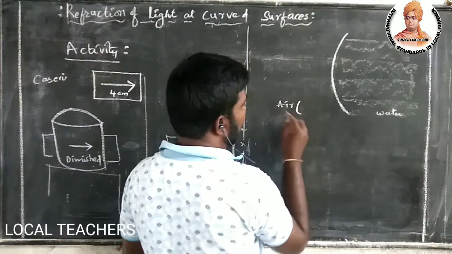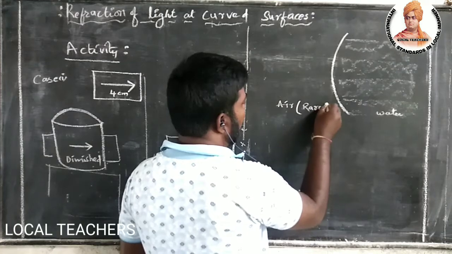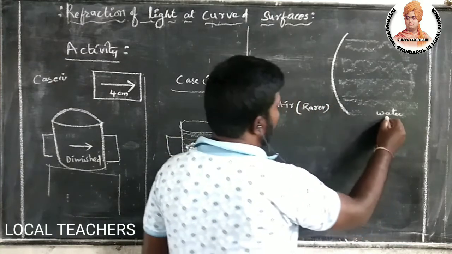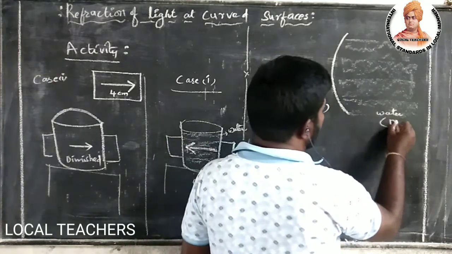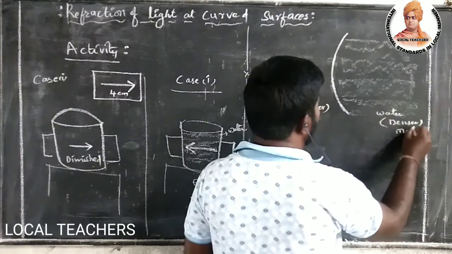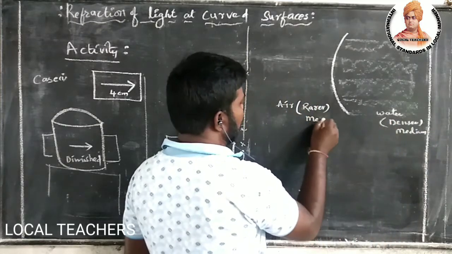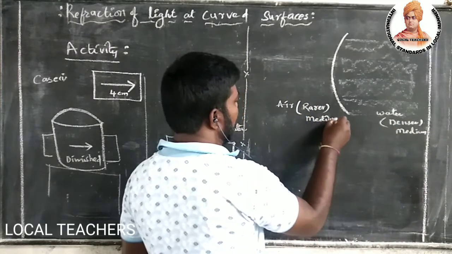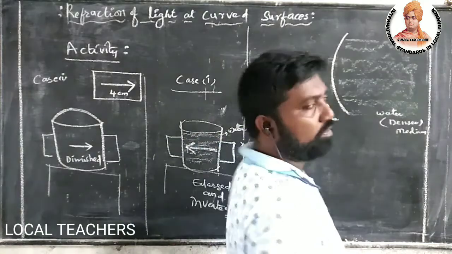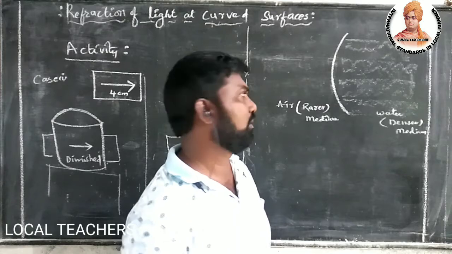So here air is called the rarer medium and water is treated as the denser medium. In technical terms these names are given, so for clear identification, one is the rarer medium and the other is the denser medium.